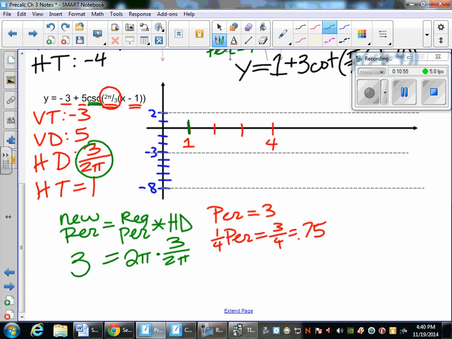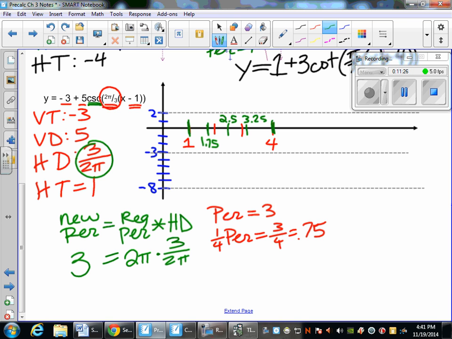So I need to start at 1, go 0.75 forward and be 1.75, go another 0.75 forward and be 2.5, another 0.75 forward and be 3.25, and then another 0.75 forward at 4. So I've marked those as my important values. Even though I might have a scale going up by 1s, I want to mark the values that I need for my cosecant graph. So at those green values that I plotted, those would be the 5 points and asymptotes.